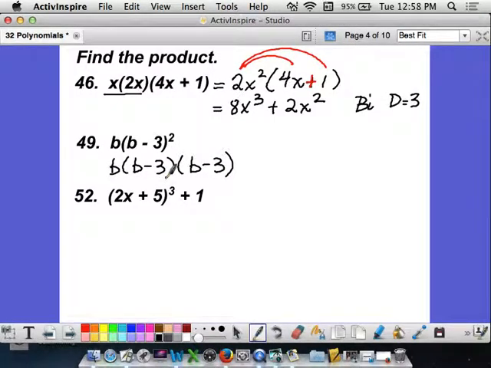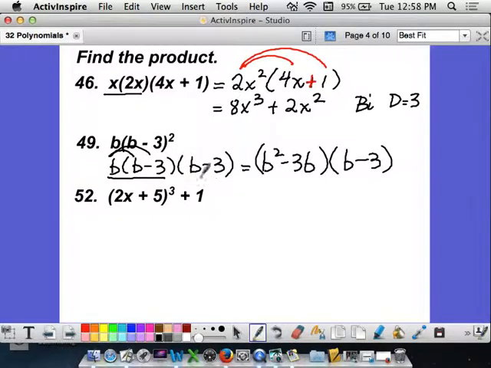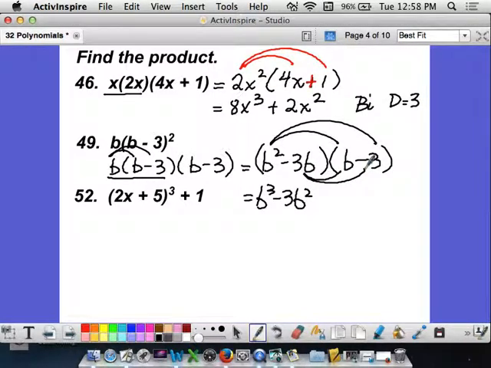And then you can multiply b times b minus 3 and get b squared minus 3b when you distribute this, because you have that minus, and then take that answer and multiply it or FOIL it out with this second b minus 3 here. And then when we FOIL that, we have b cubed minus 3b squared, negative 3b squared plus 9b.